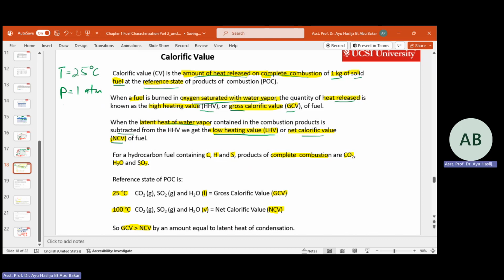So basically if the fuel has moisture and we burn it, the heat released is the gross value because it includes the heat of water. But when we subtract the heat of water, the remaining is the net calorific value.